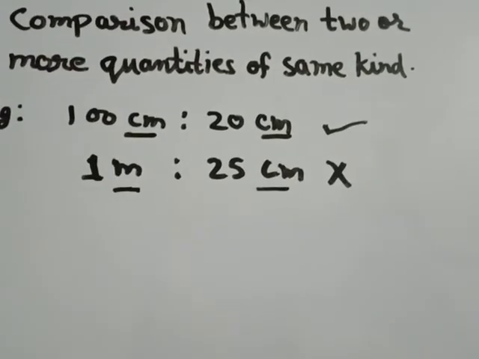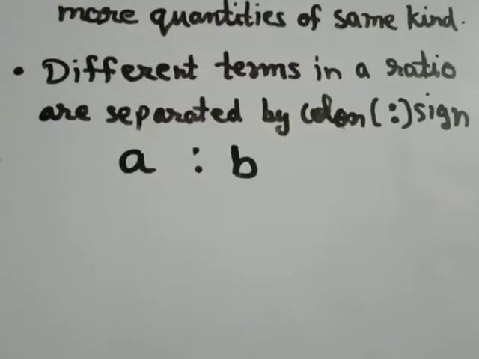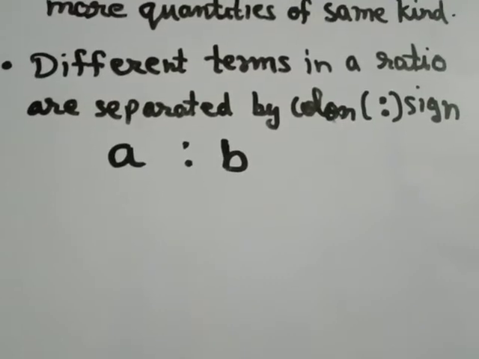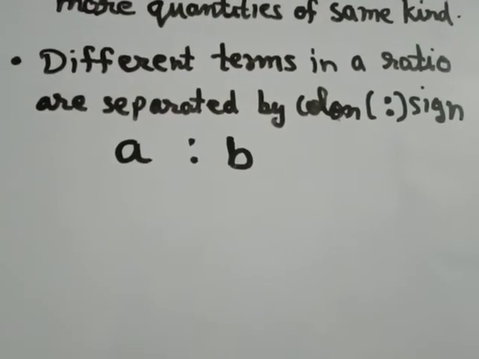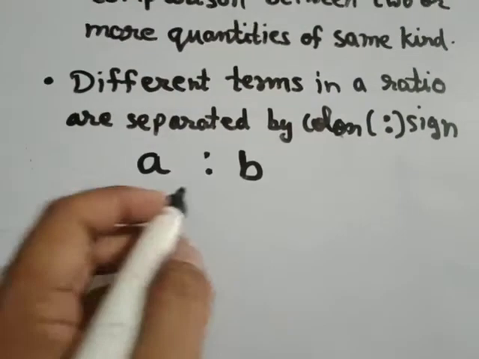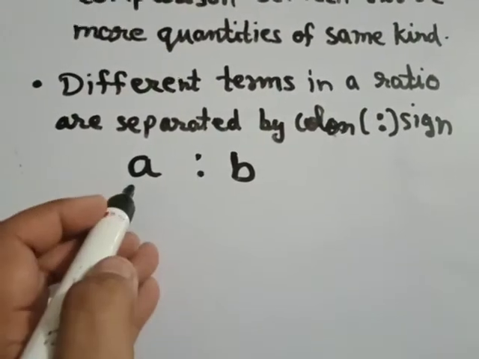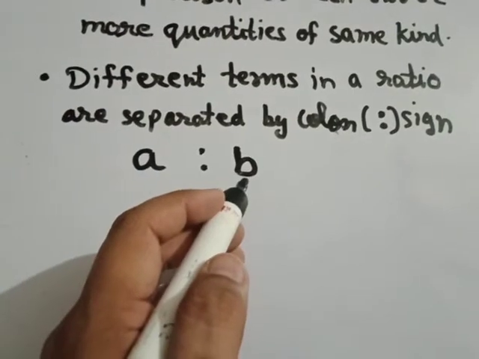Second point, the different terms in a ratio are separated by the colon sign. This is the symbol of colon. This is called the first term, this is the second term.